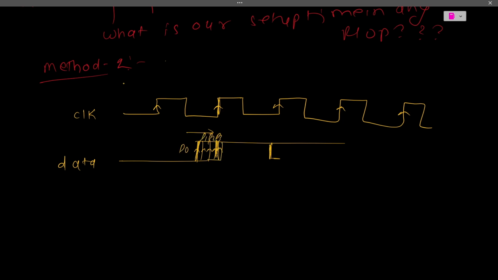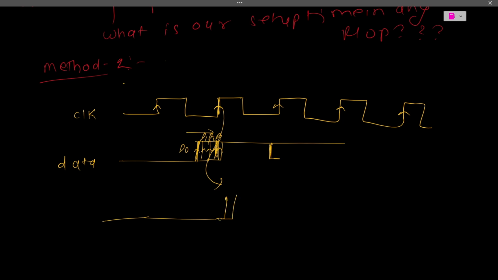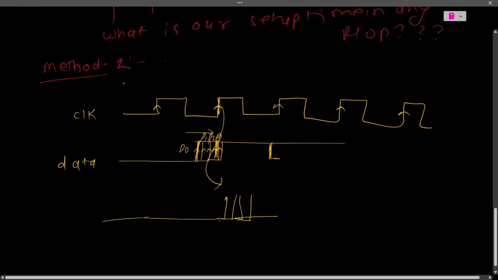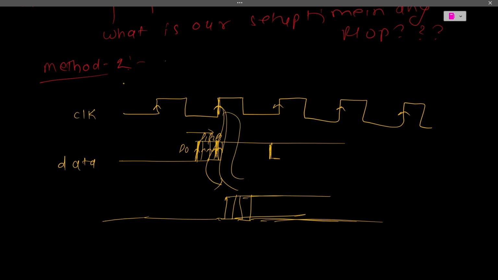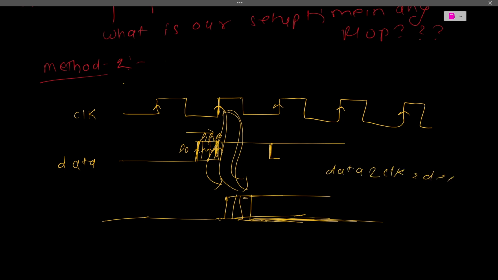First d0 passed, then d1 passed, d2 passed, but at d3 there is a failure, so we get a flat line. This is our setup time. At the moment it fails, we calculate the data to clock delay and find our setup time. But this method is not very standard because it will fail in Monte Carlo.